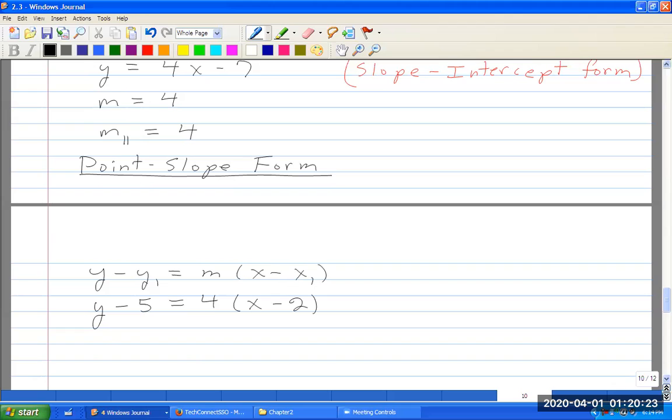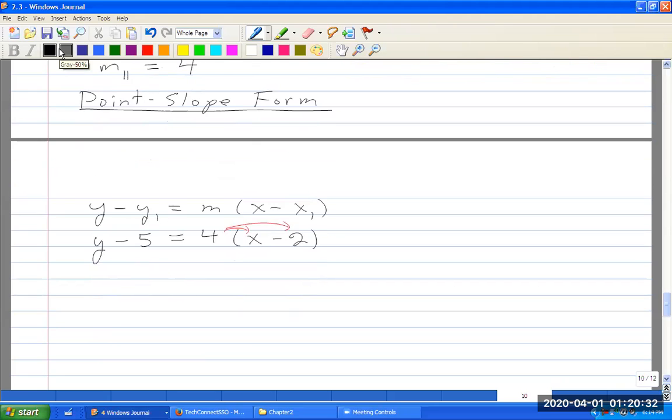Okay, so let me simplify this. Multiply 4 inside the parentheses. So I get y minus 5 is equal to 4x minus 8. Let me add 5 to both sides of my equation. So I get y equals 4x minus 3.